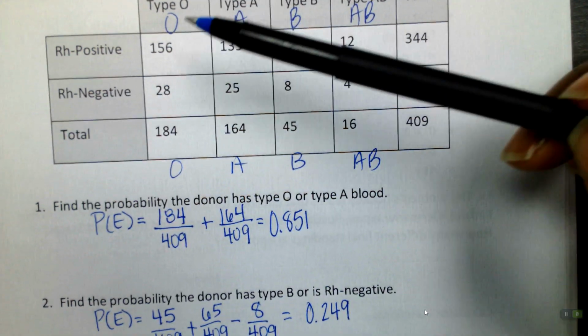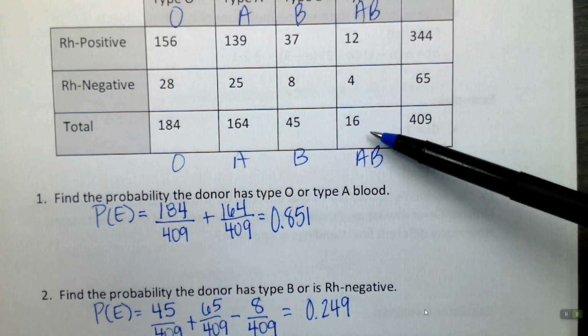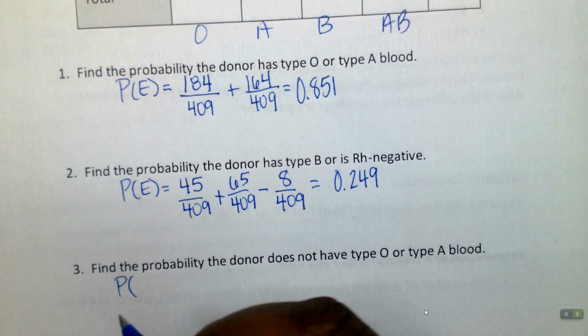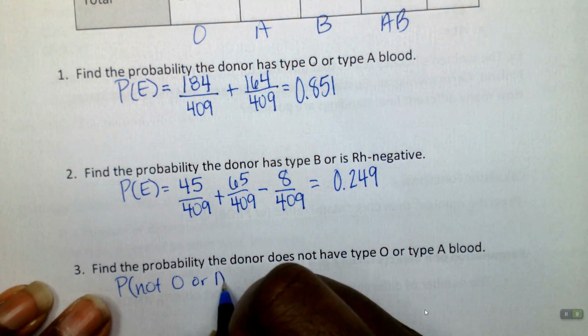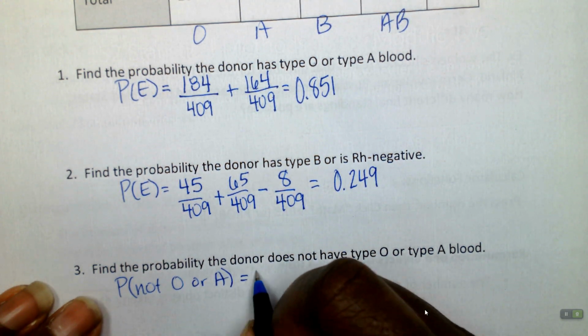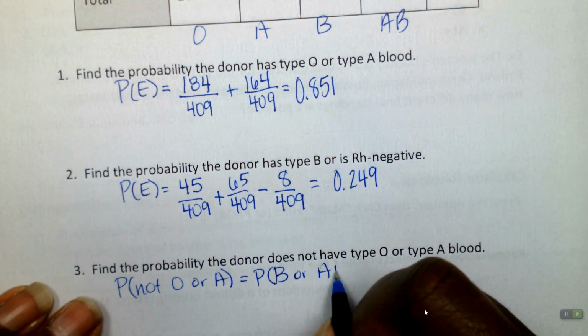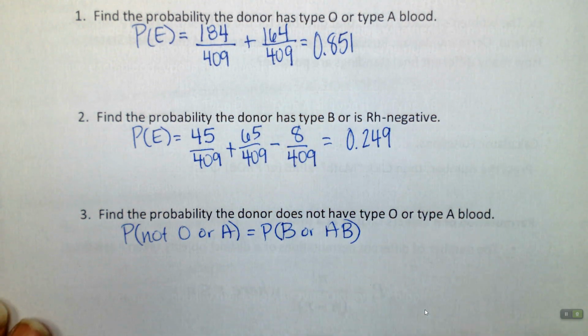Good. So not type O, not type A, B and AB. So maybe I need to write that. Not O or A equals B or AB.